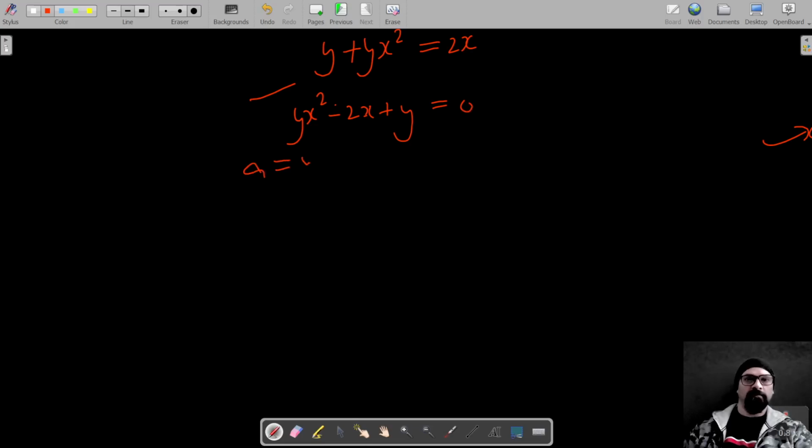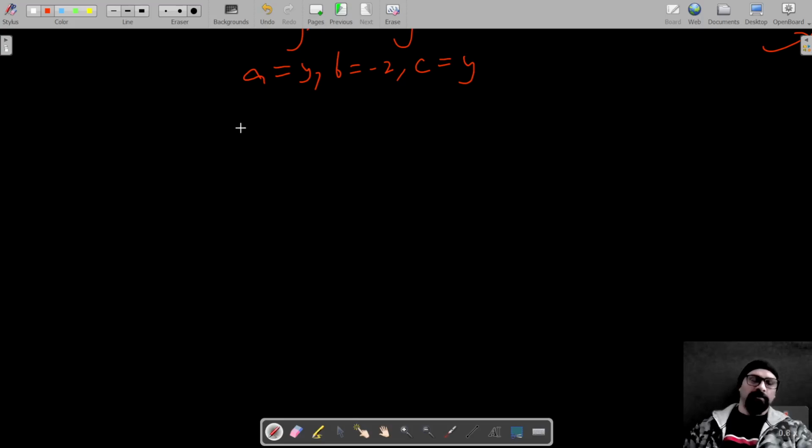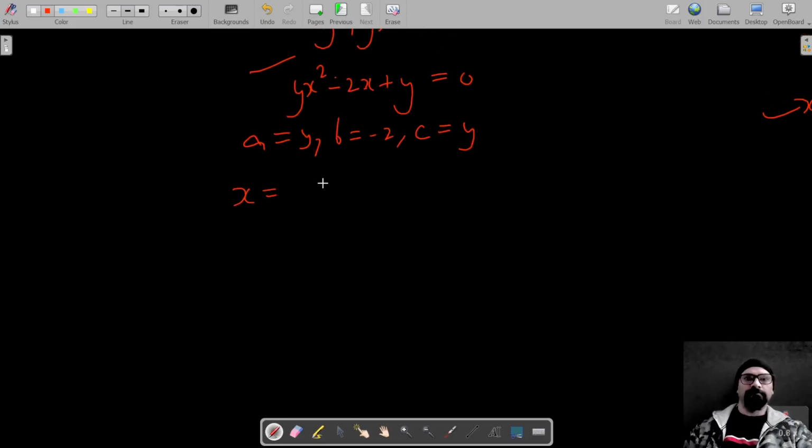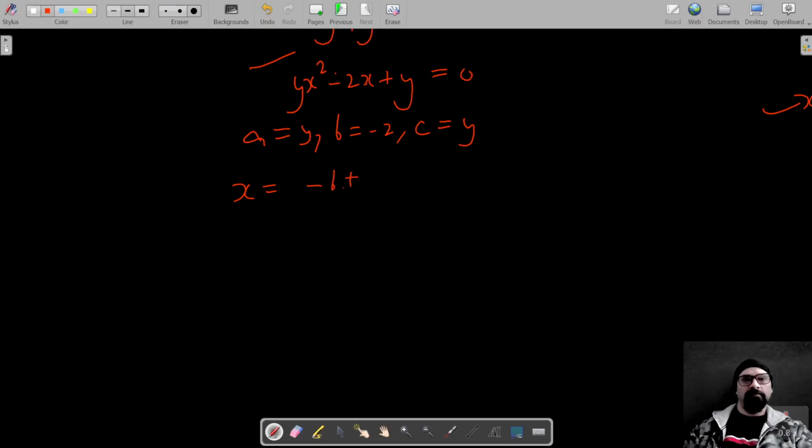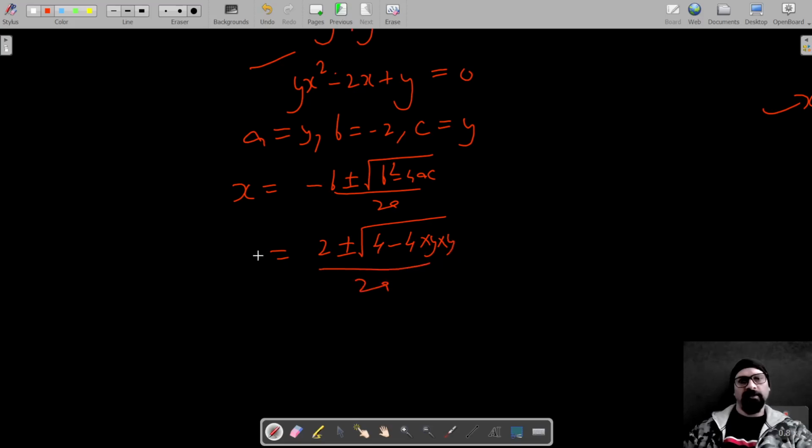Here a is equal to y, b is equal to negative 2, and c is equal to y. So x is equal to minus b plus minus root of b square minus 4ac by 2a, the quadratic formula, which gives me 2 plus minus root of b square, which is 4, minus 4 into y square, upon 2a. So this is the value of x.